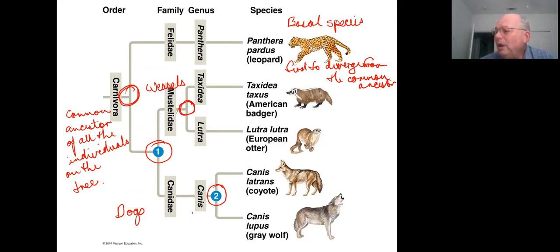Then if you look at where the branch point for the coyote and the grey wolf occurs with respect to the branch point for the badger and the otter, you might think that there is a difference in the time at which the otter and the badger diverge from their common ancestor versus the time at which the coyote and the grey wolf diverge from their common ancestor.